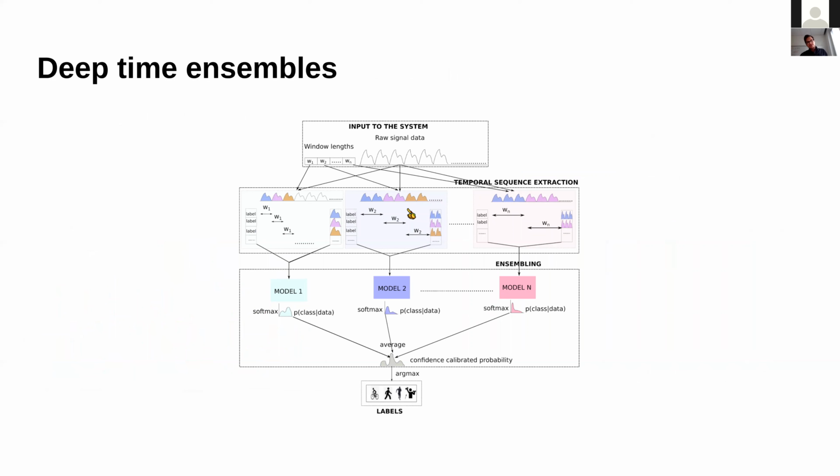What we did in this work is, instead of sticking to one particular time period, we consider a range of different time periods, which are called the window lengths. Using these different window lengths, we extract different temporal sequences from the same raw time series signal. Since we extract different types of inputs, we train different models.